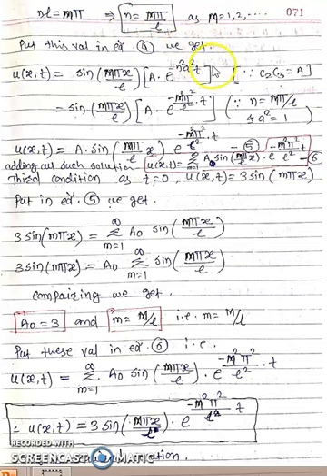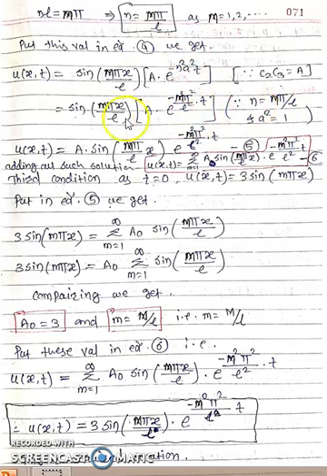Put this value in equation number 4. So we get u(x,t) equals sin(mπx/L) into a into e raised to minus n² a² t. So sin(mπx/L) a into e raised to, so the value of n is nothing but mπ by L, so minus m² π² by L² into t, as a² will be 1.